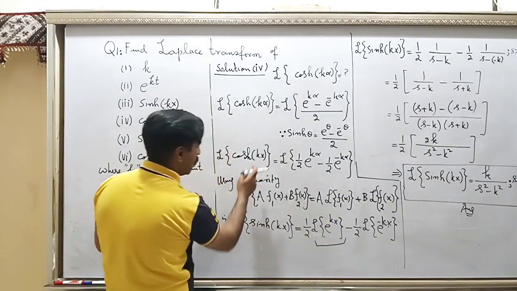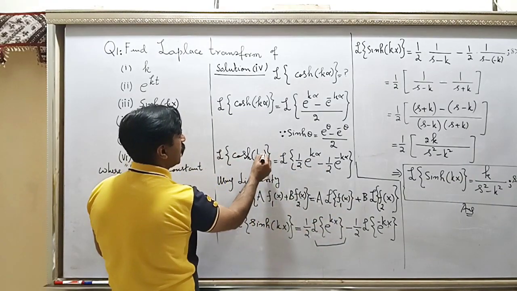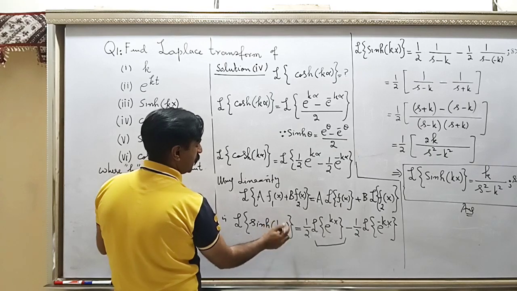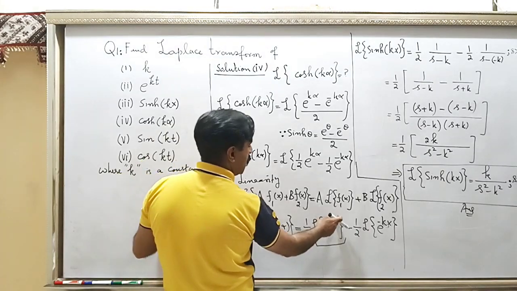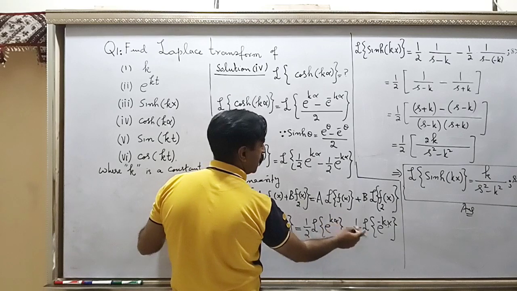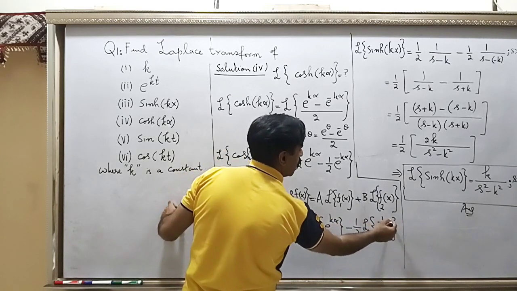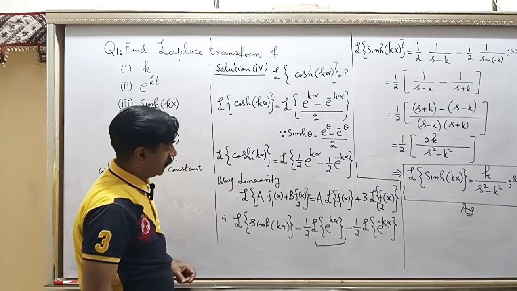So, using this, sine hyperbolic K alpha, here you have K alpha, right?